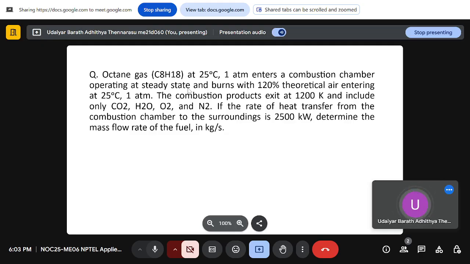Then the combustion products exit at 1200 Kelvin and include only CO2, H2O, O2 and N2. The rate of heat transfer from the combustion chamber to the surroundings is 2500 kilowatt. Determine the mass flow rate of the fuel in kg per second.